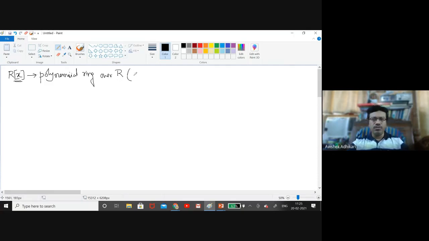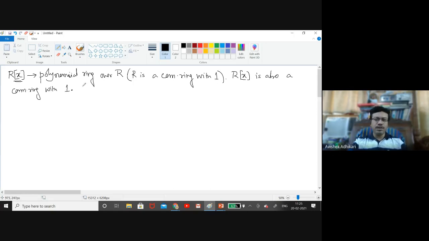So here we assume that R is a commutative ring with 1. As a result, R[x] is also a commutative ring with 1. As I mentioned in my last two classes, in my definition of prime ideals or prime elements, maximal ideals or irreducible elements, we assume that the ring R is a commutative ring with 1.